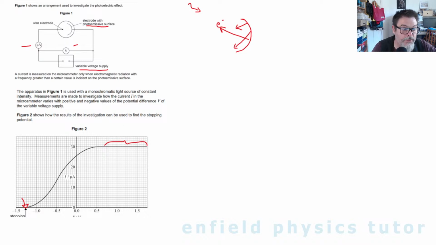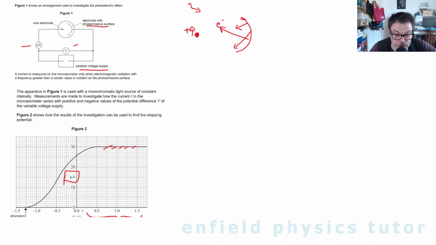So the first part that you have to think about is, why is it that the graph goes flat along here? Now this is representing the maximum current. What's the voltage? Well, notice that the voltage is positive. So on our little electrode here, we have an increasing, see how it's increasing, positive voltage. Now all the electrons that come flying off of the photoemissive surface are naturally negative, and so they are going to be attracted towards the anode.